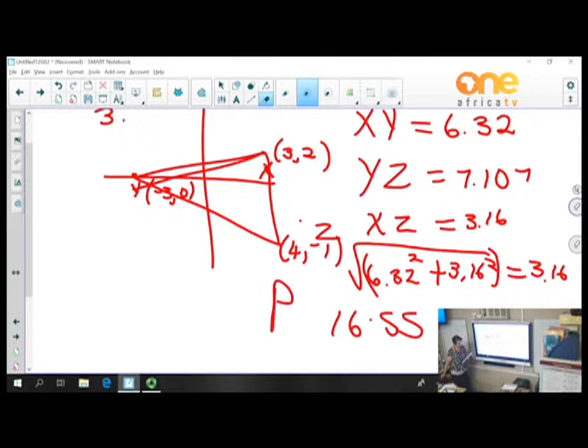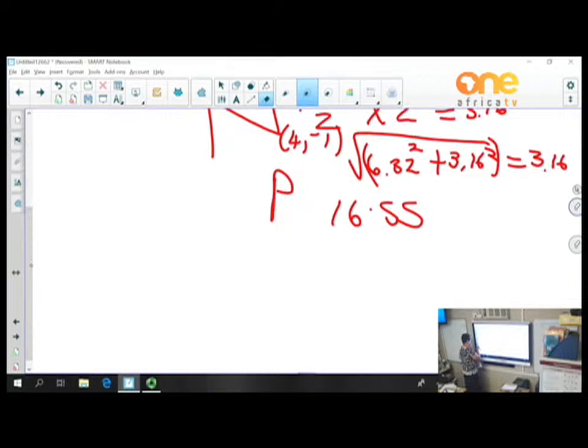And the last question there is find the area of X, Y, Z. Now, this is a right angle triangle, so it's half base times height. So which two sides are you going to use? This two. Okay, because this is the hypotenuse. This is not the base and the height. The base and the height must be perpendicular.